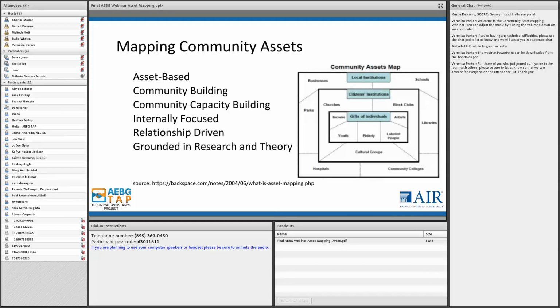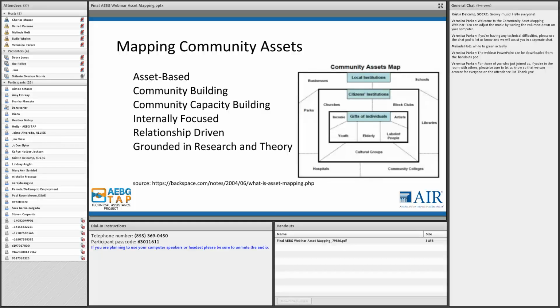So when we talk about mapping community assets, in your situation, we're talking about using the information you've already collected in tandem with this community asset mapping.